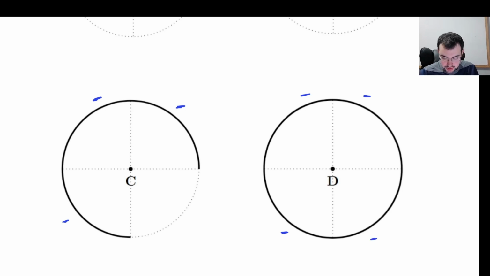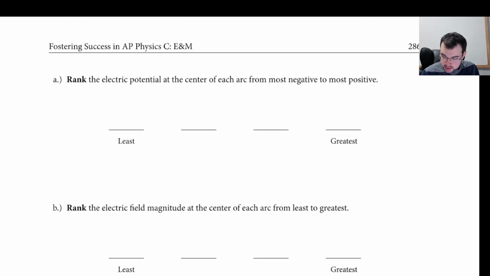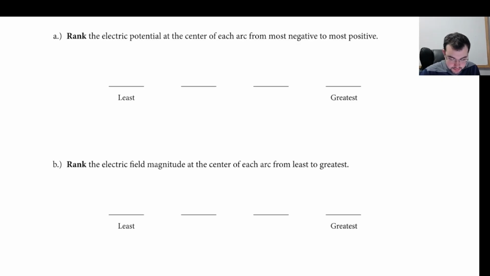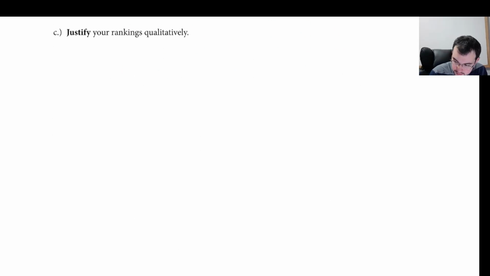Since potential is a scalar, D is the most negative because it has 4 units of negative charge. C has 3 units, B has 2 units, and A has 1. So for our justification, we know that V is a scalar.